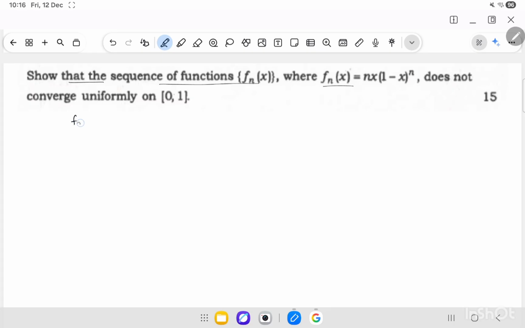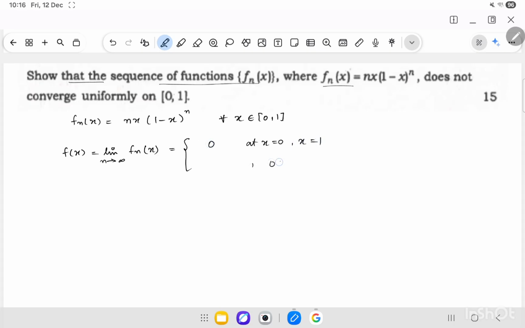So fn(x) is given to us as nx times (1 minus x) raised to n, and it is defined for all x in the closed interval 0 comma 1. So if f(x) is equal to the limit as n approaches infinity of fn(x), then if you observe, at x equals 0 and at x equals 1, fn(x) is 0.